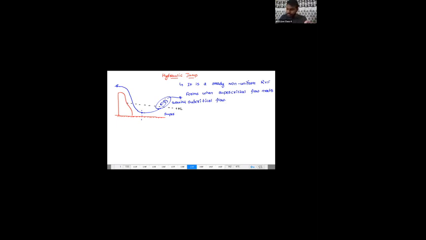So what is the meaning of that concept? If I take the channel bed as horizontal, and you see up to this point there is no loss, right? And the loss is going to happen in this zone only. Okay.